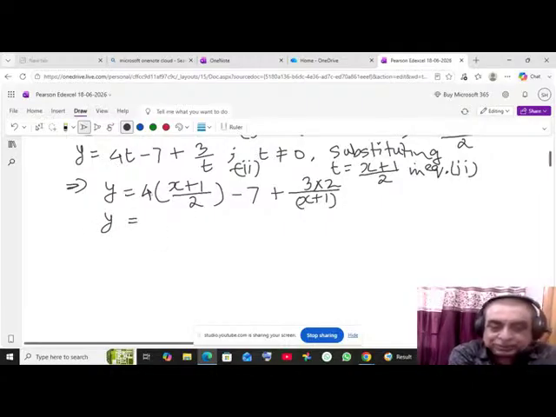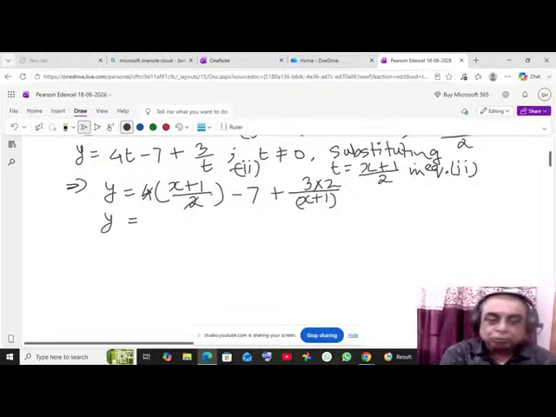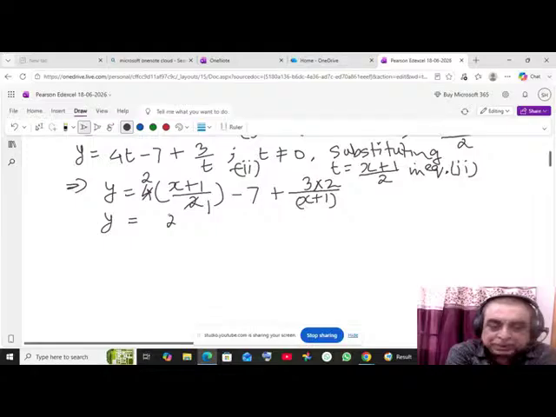So 4 and 2 we are dividing with 2, the common factor. So 2 divided by 2 is 1, and on the top we get 2. So this becomes the simplified form 2 times x plus 2 times 1. 2 you will multiply with both the terms within the bracket, and minus 7.